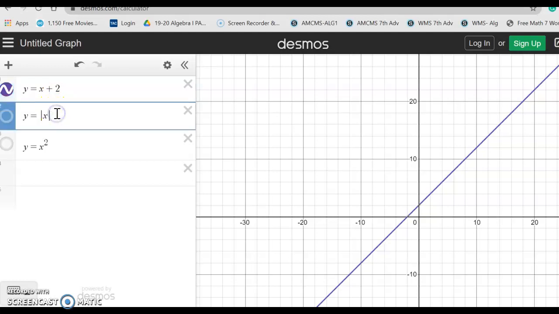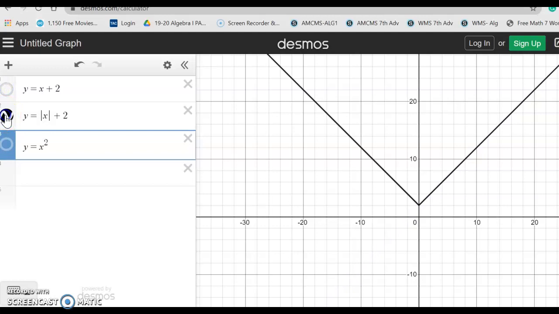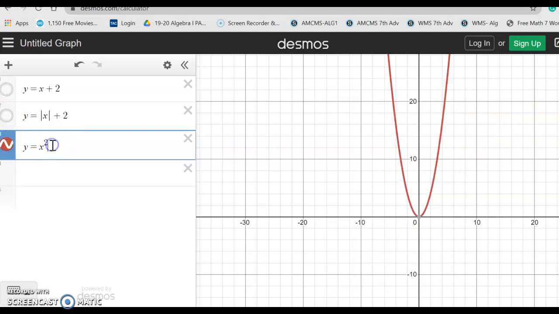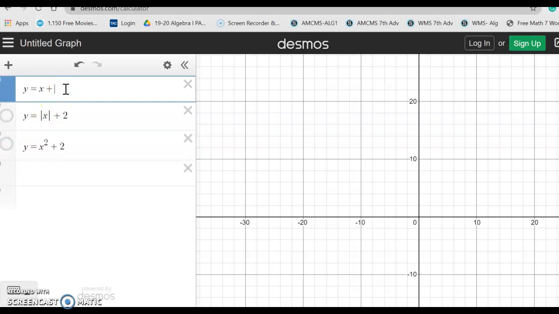And if we wanted to move this one up, we added 2. And if we wanted to move that guy up, the quadratic, we added 2. Okay, so we're going to erase that right now.